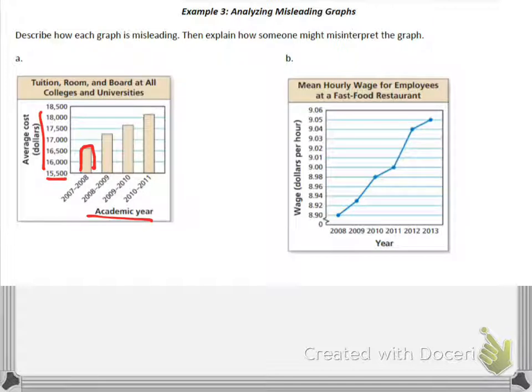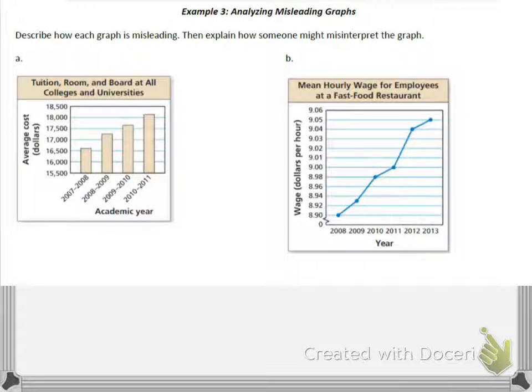So how much has the cost of college gone up? To me, if I don't pay attention to those numbers super well, it looks like from 2007 to 2010, costs of college have doubled, because that bar is nearly twice the size. But that would only be true if we actually started at 0. Yes, it's gone up, but it's only gone up about 3,000, not 30,000.